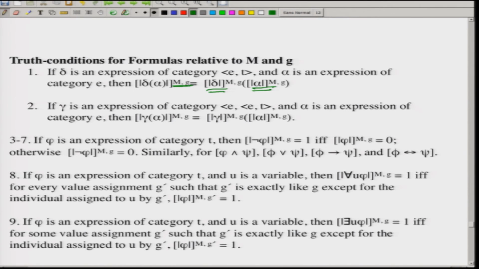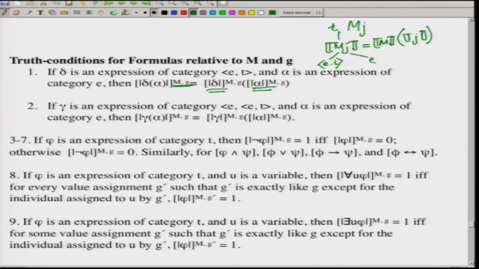This precisely means that if you have a construction like Mj, then the value of Mj will actually be the value of M, which takes the value of j. Here M belongs to e to t and j belongs to e, and this whole thing, Mj, belongs to t, that we can see.